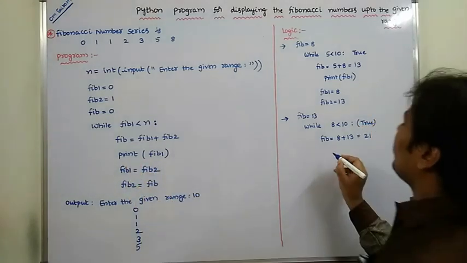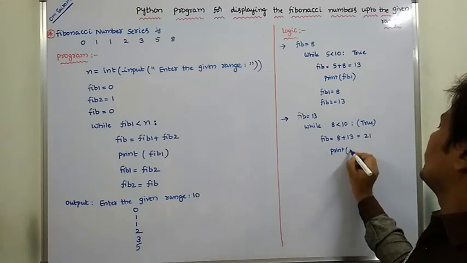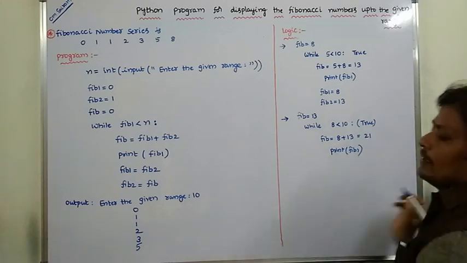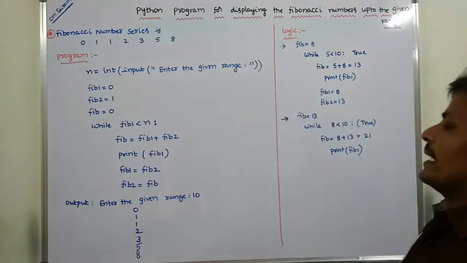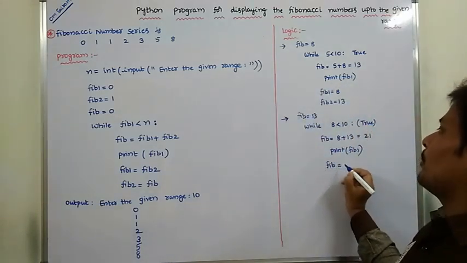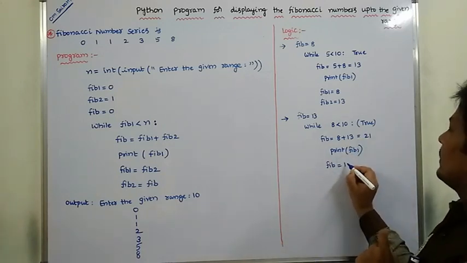Next, print of Fib1. What is the Fib1 value? That is 8. So now Fib1 value 8 is printed. Now Fib1 is equal to Fib2. What is Fib2? Fib2 value is 13.